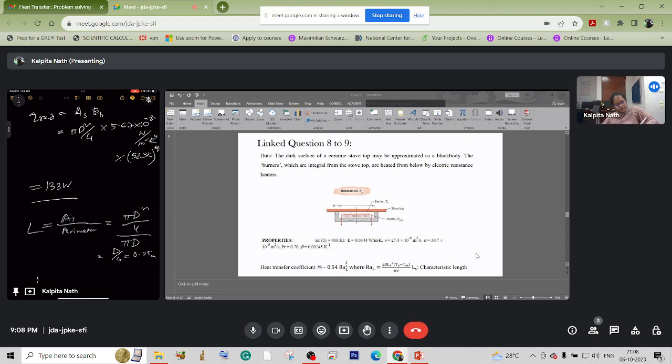Now Rayleigh number is equal to g beta (T_s minus T infinity) L cube upon alpha nu.